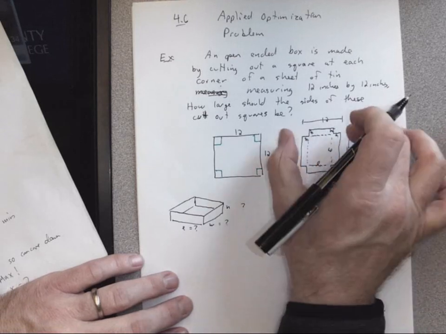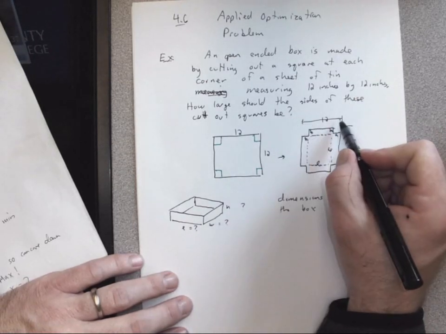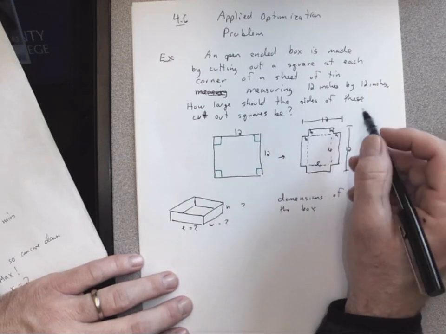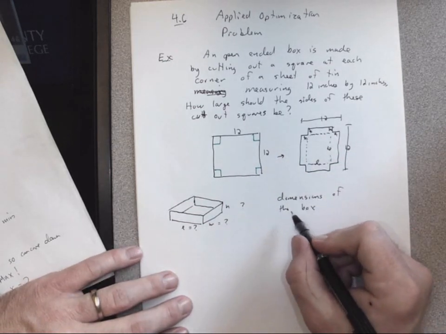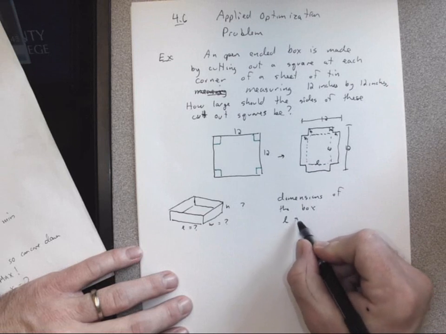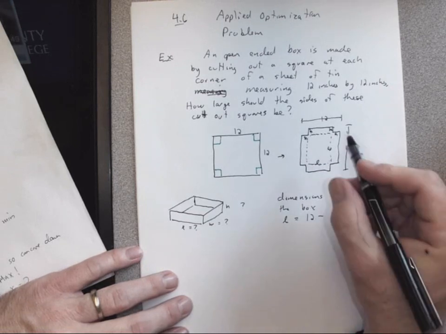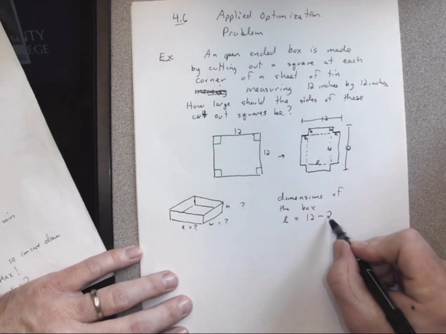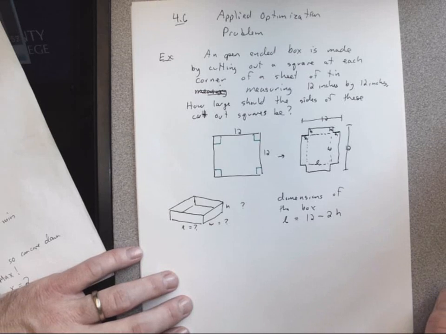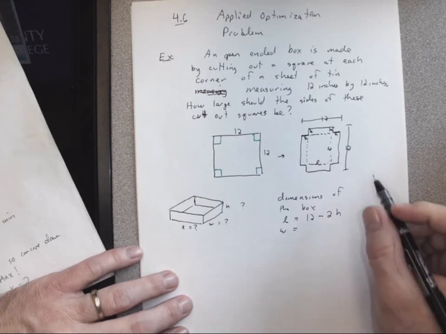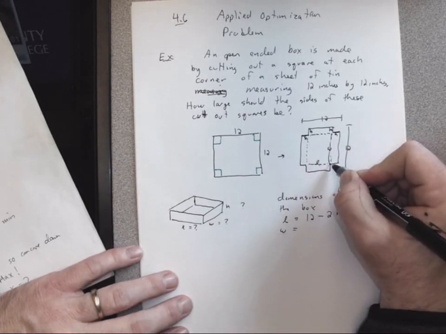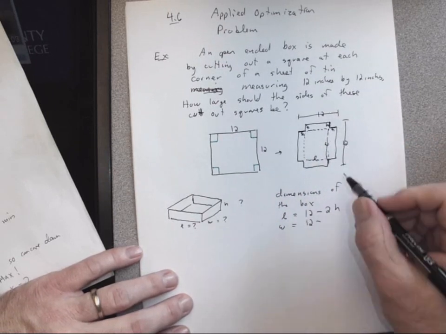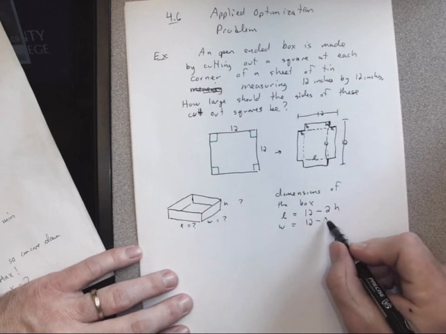Well, I know that the original dimension was 12, right? And if I cut out two of these h's, that means my L is going to be equal to 12 minus, remember I'm cutting this out and this out, so minus 2h. My width is the exact same thing. I'm also cutting out these two things, so the width would be 12 minus 2h.